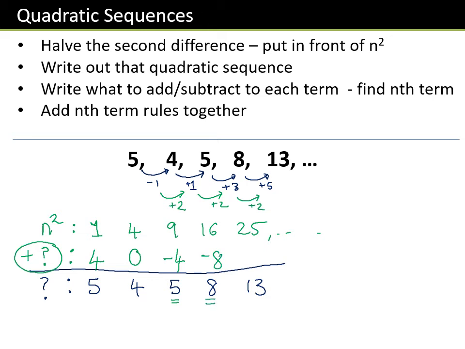And 25 plus minus 12 gives me 13. Now, if I have a look at this sequence here, it is linear, like we were looking at before, and I'm subtracting 4 each time. So this sequence here is actually the sequence minus 4n plus 8.